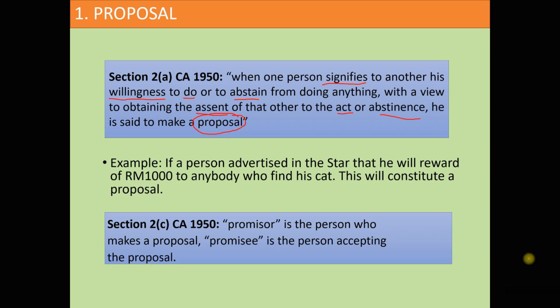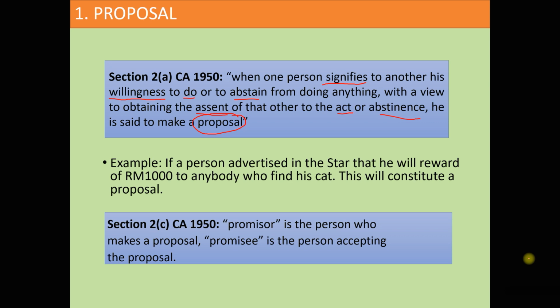Okay, all right. With a view to obtaining the assent, so the other party must, with a probability, consent, assent, or give an agreement, agree with that kind of offer, right?